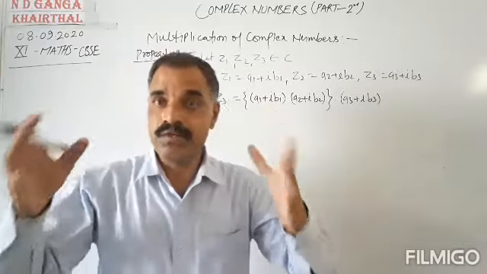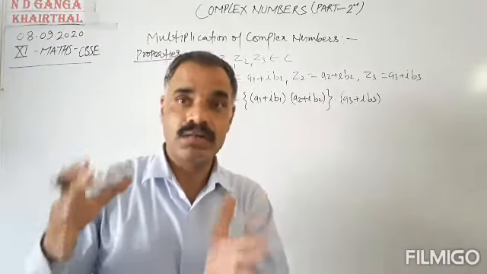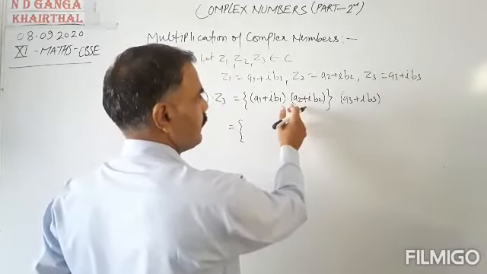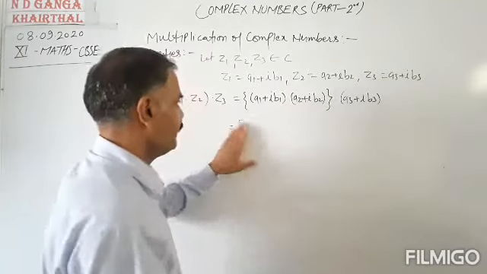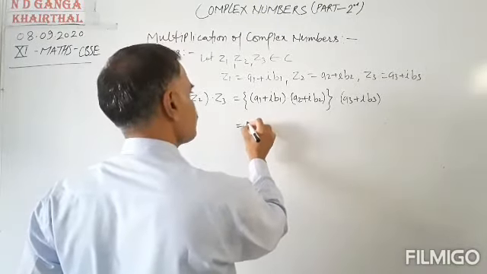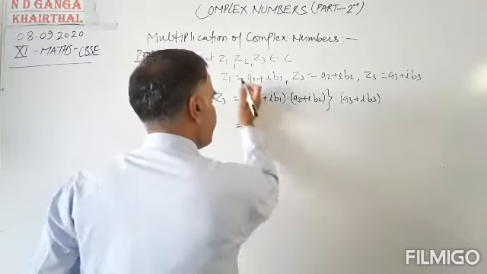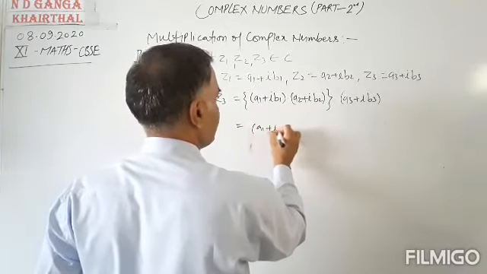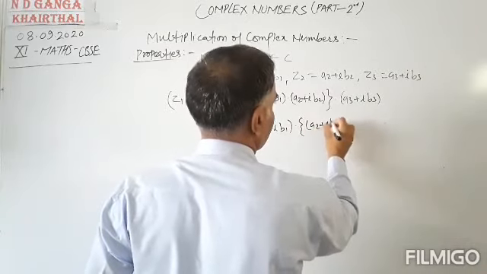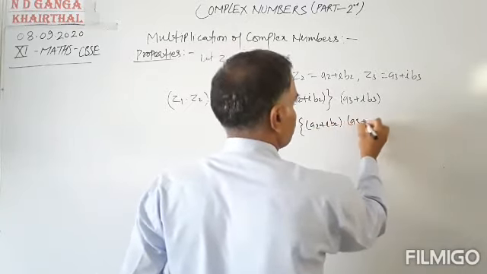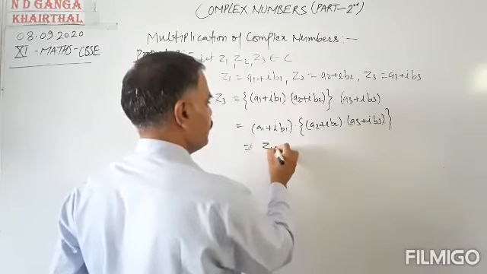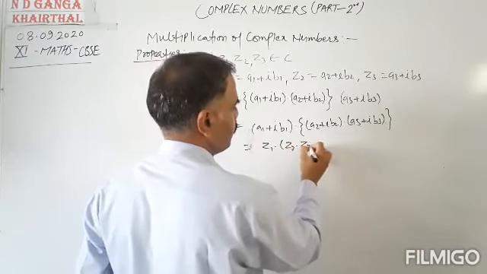Means we are making the grouping Z1 and Z2. So after multiplying this we will have A1 plus iota B1 and multiplication of A2 plus iota B2, A3 plus iota B3. Okay, so this is equal to Z1 multiplication Z2 multiplication Z3.